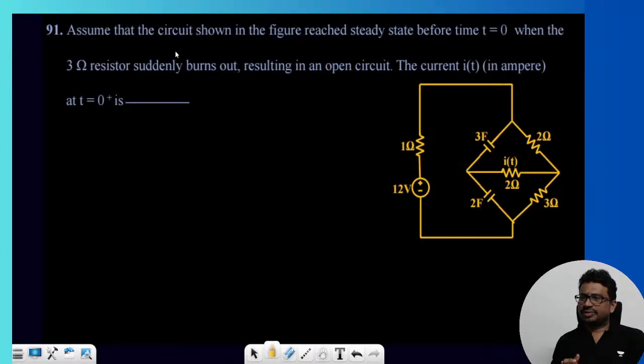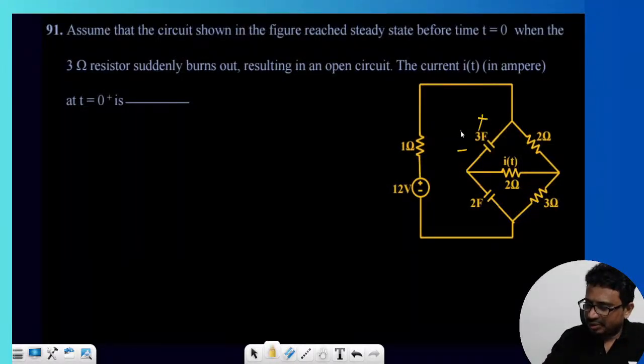First, find the initial values: the voltage across the two capacitors. Let us call this V1 and this V2, and find the voltages across both capacitors before it burns out.